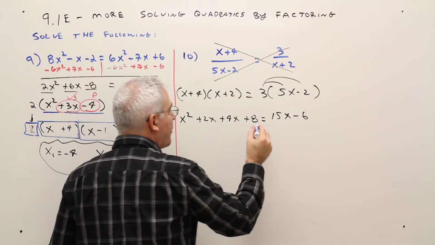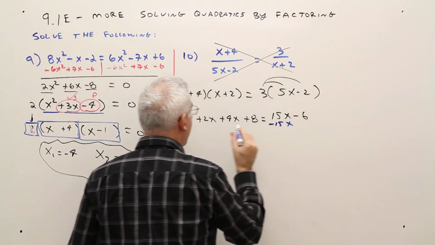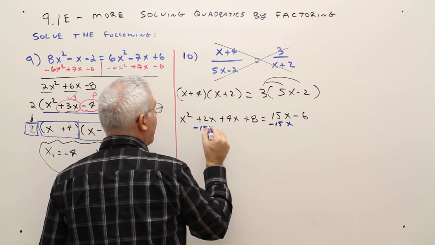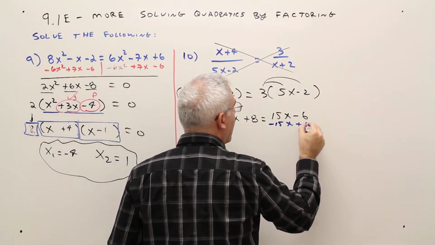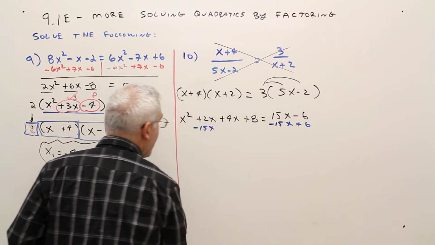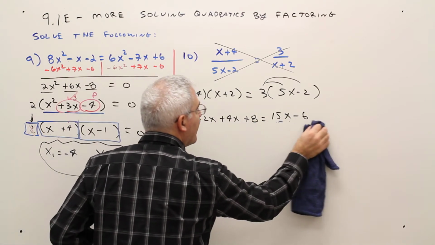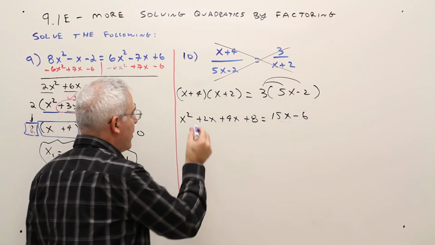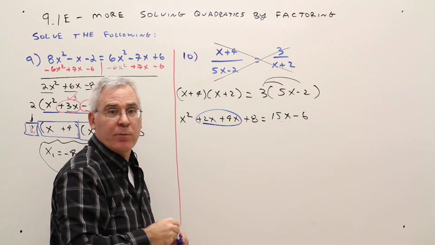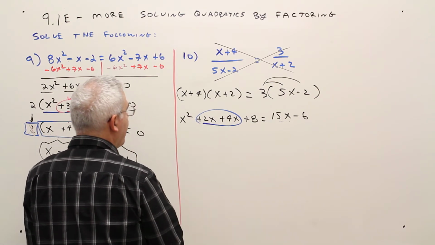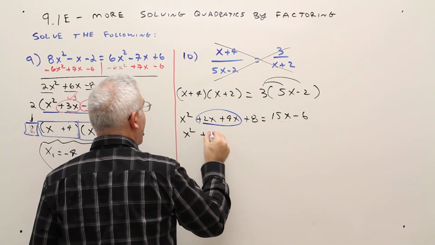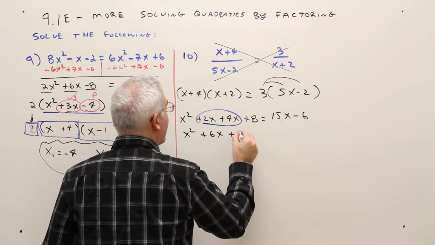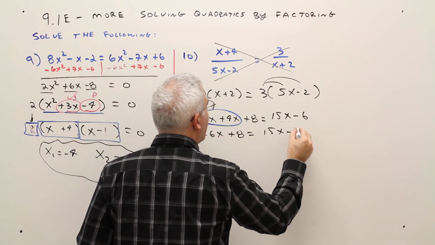So I'll subtract 15x here, subtract 15x here, and forgot to do one thing, combine the like terms. All right, so I'll just say x squared plus 6x plus 8 equals 15x minus 6.